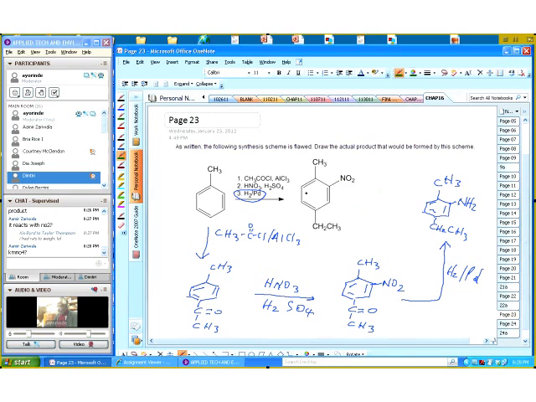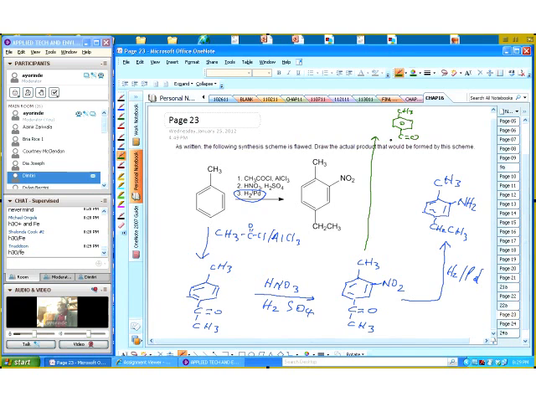Now, the question I want to ask you is, supposing I want to go from here, this is what I want. I want you to tell me what reagent I should use.